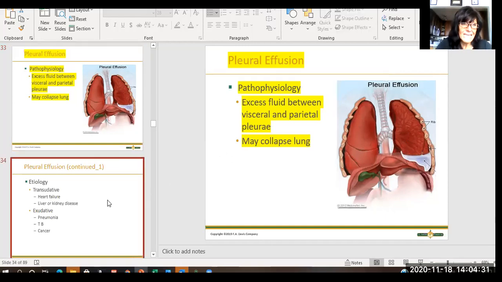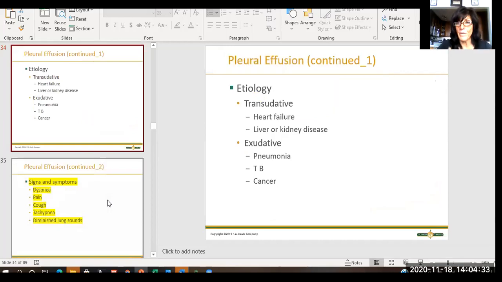So there are different etiologies. Transudative, that's fluids moving from one place to a wrong place because of heart failure, liver disease, kidney disease. Most common ones are exudative, exudate, pus, pneumonia, TB, cancer, okay?